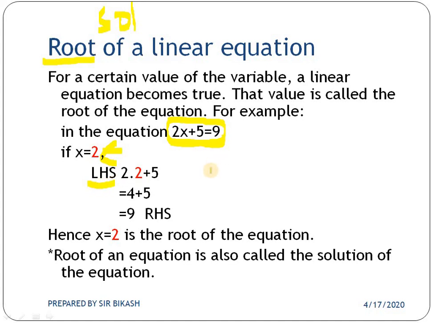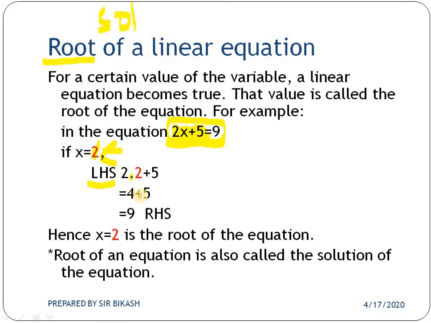Left hand side. So in the left hand side, that is 2x plus 5, if we put the value of x as 2, I'm writing it in red color. So 2 dot, this dot means what? Multiplication. 2 into 2 plus 5.